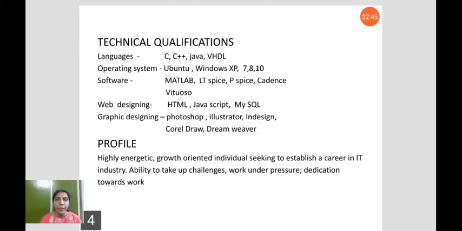A profile. He has written his profile as highly energetic. The candidate is highly growth oriented, because it's common that people seek growth in their career and seek a career in the IT industry. Then he has written ability to take challenges.